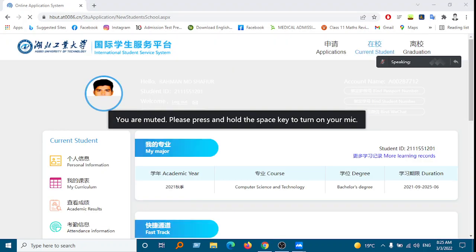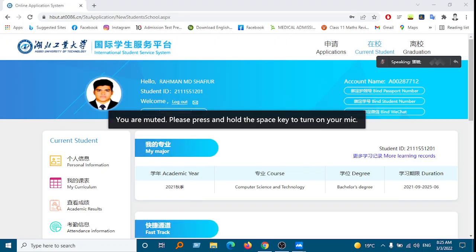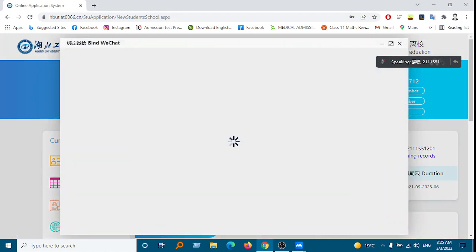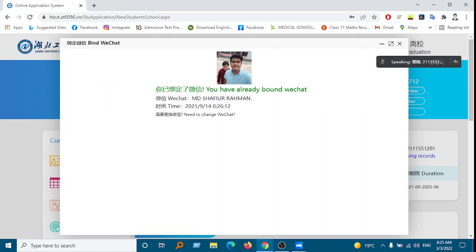If you still cannot use that QR code, you just send me a message and I will help you with that.